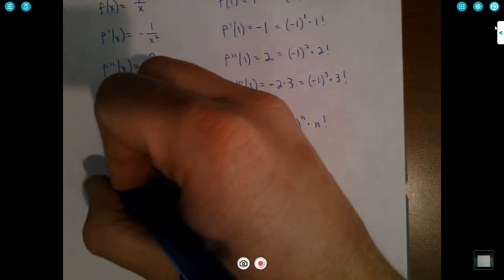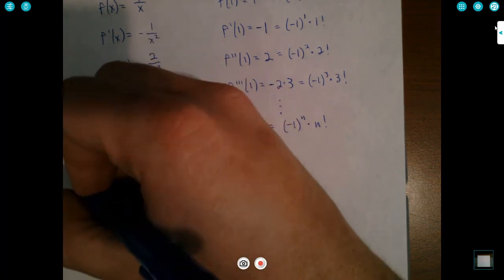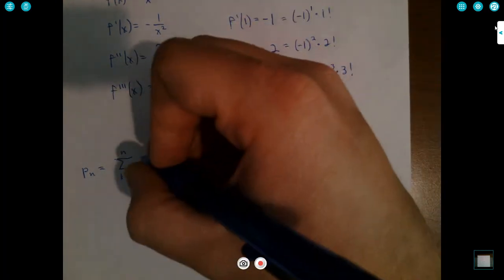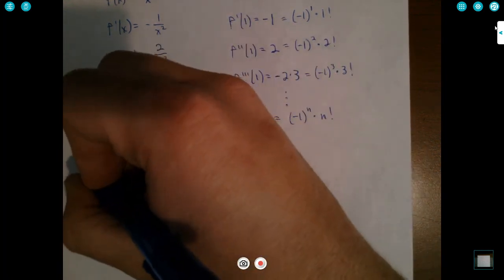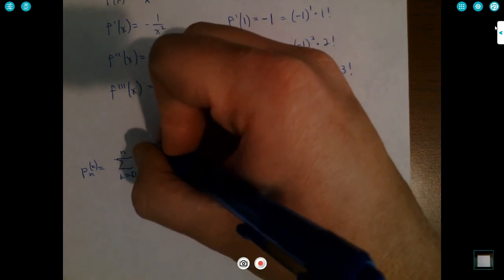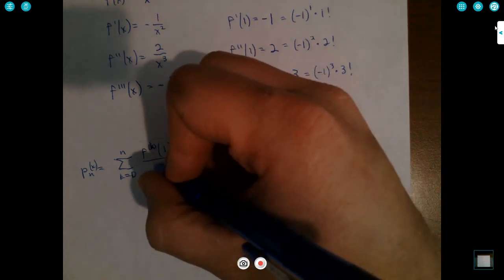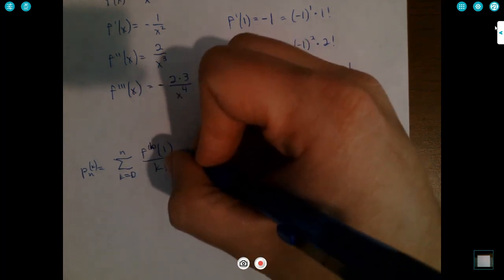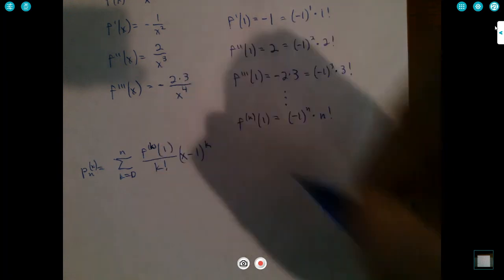So I know that the Taylor polynomial, we'll call it P sub n, is going to be the sum from k equals 0 to n of the kth derivative of the function evaluated at 1, divided by k factorial, times x minus 1 to the k.